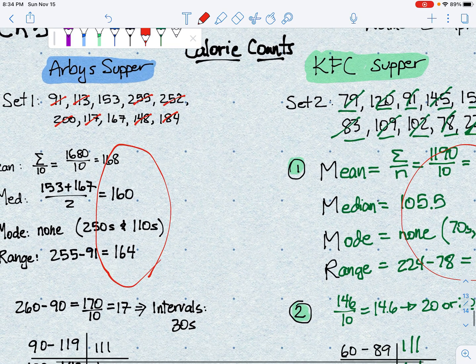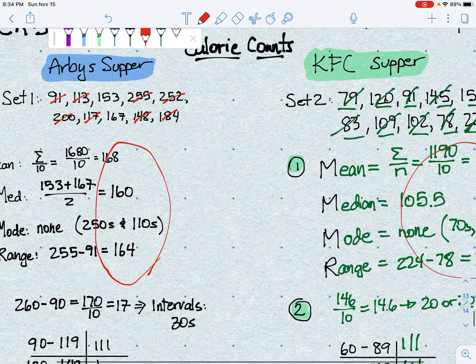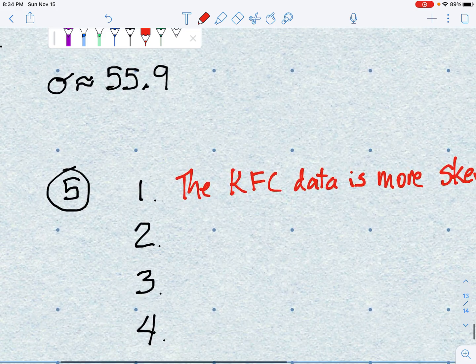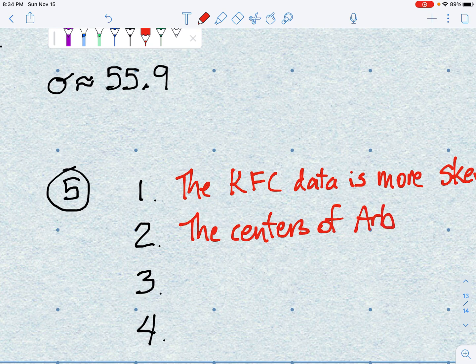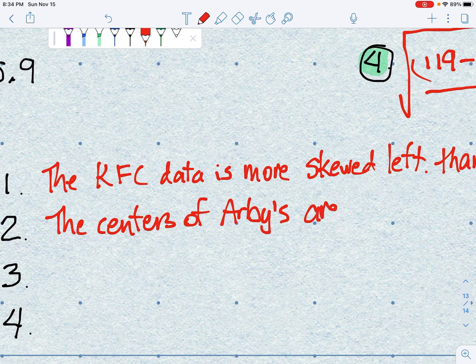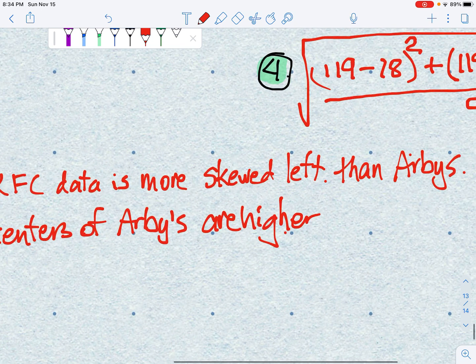So my graph for the Arby's has higher calorie counts. Okay. So then I would say something about the centers of Arby's are higher than KFC.